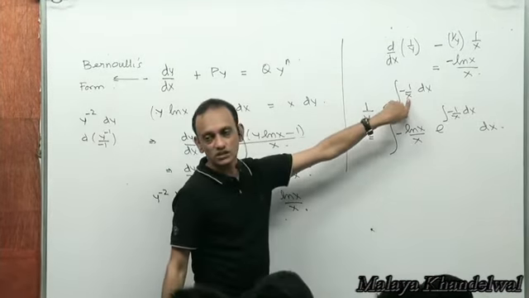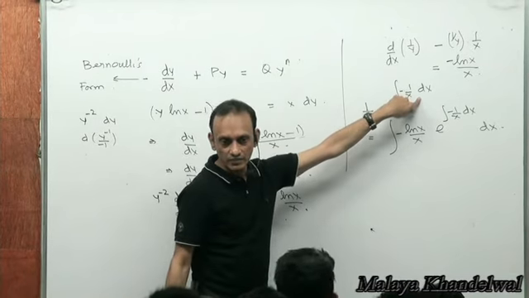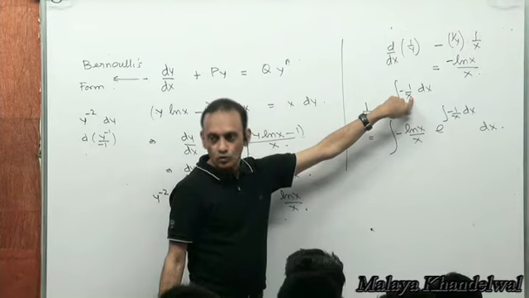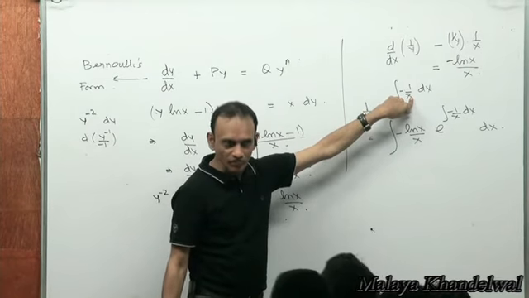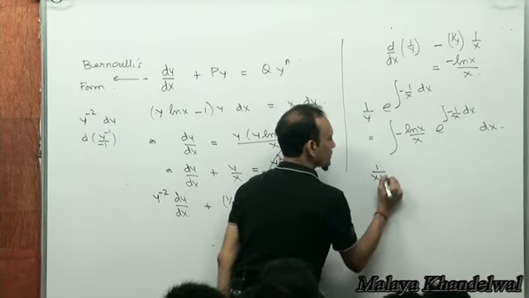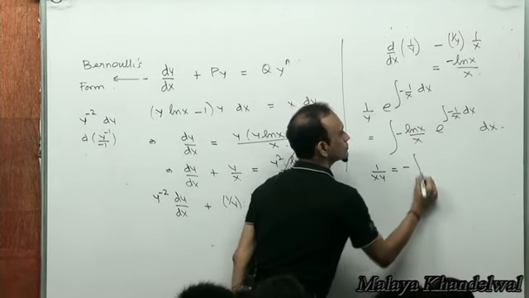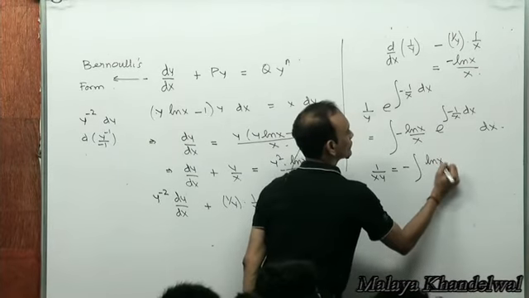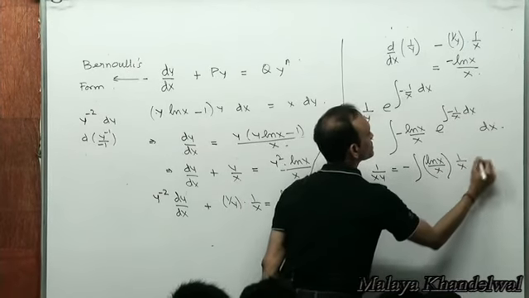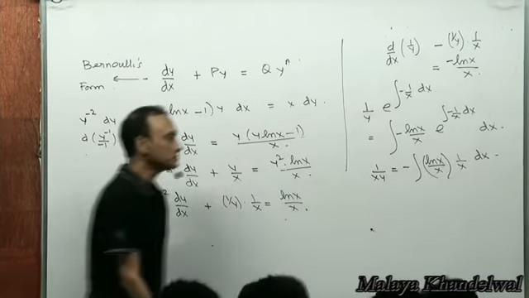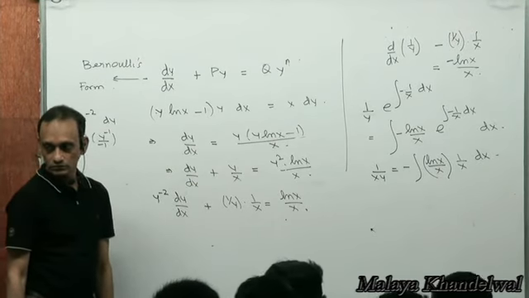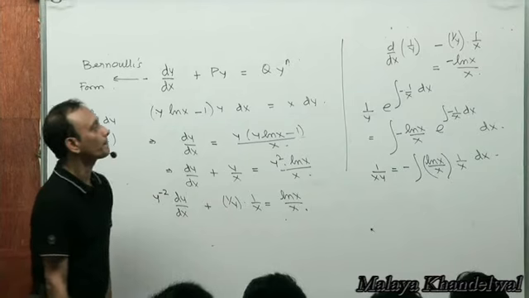When I integrate 1 by x, log x minus 1 by, right, log of 1 by x, e power log of 1 by x would be 1 by x. So this will become 1 by xy equal to this will become 1 by x dx.